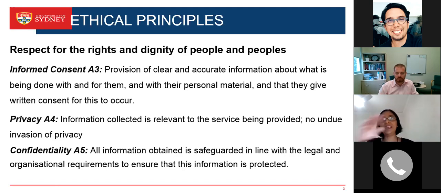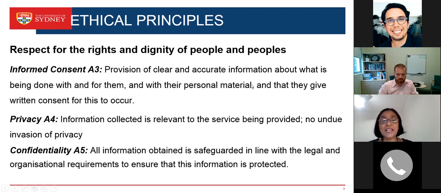It really is connected to why that person has come in, and any information that we collect is going to inform any clinical opinion we might have and any treatment that we provide. But the person sitting in front of us may very well tell us anything and everything, or not anything at all. So constantly we're thinking about clinical relevance and protecting privacy, as well as confidentiality, which is the next point.